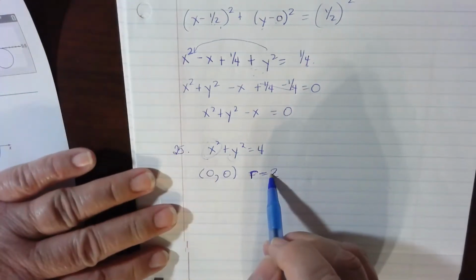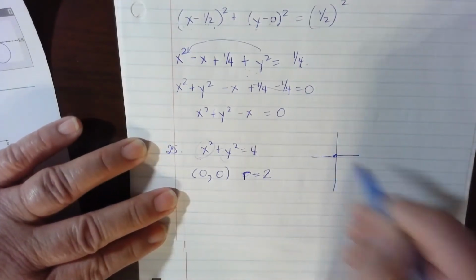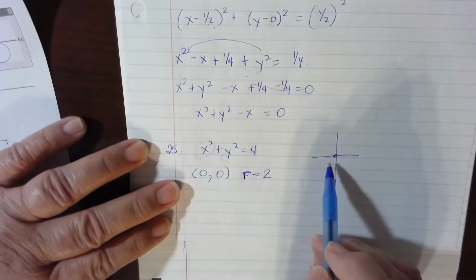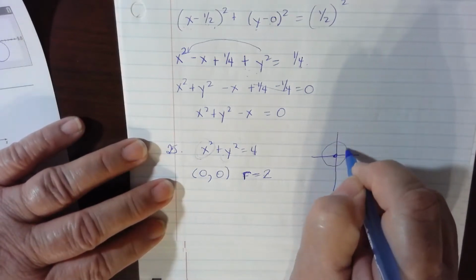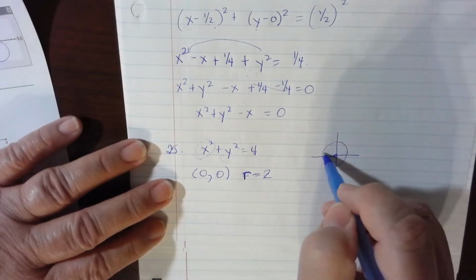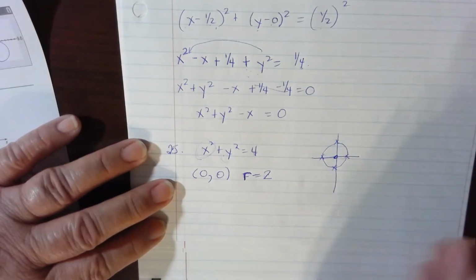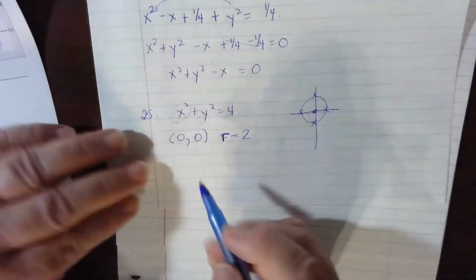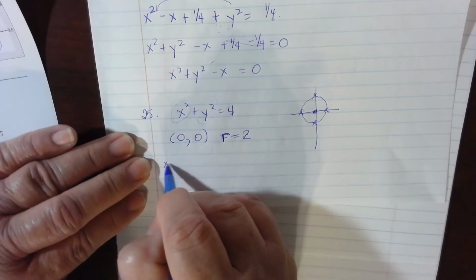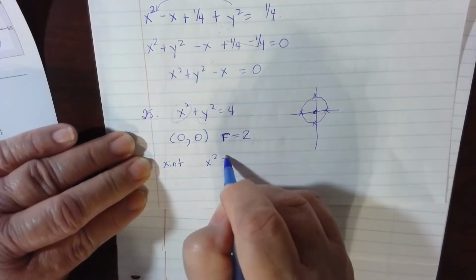And then for my intercepts, well, think about where (0, 0) is, right here. So where is it going to hit the x-axis? That's the center. So we've got to figure out what this point, and this point, and this point, and this point are. Where does it hit the axis? So you remember, to find the x-intercept, I let y be 0 and solve for x.